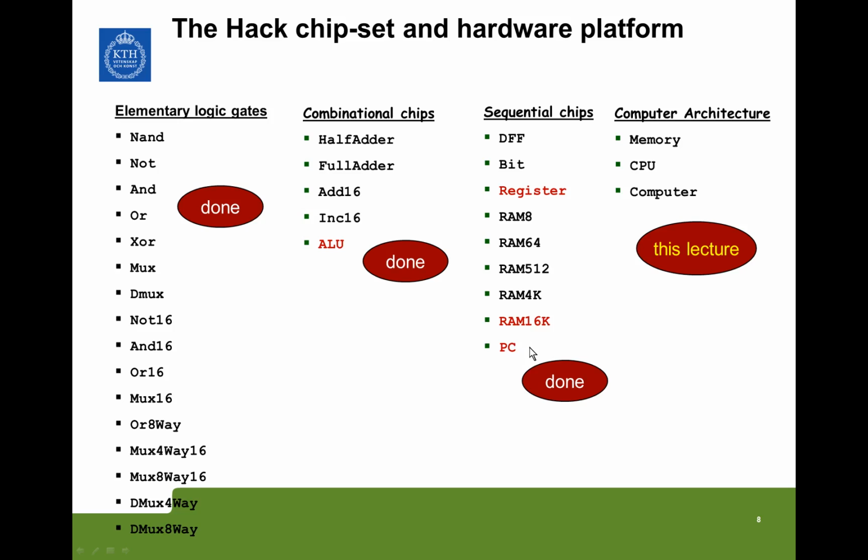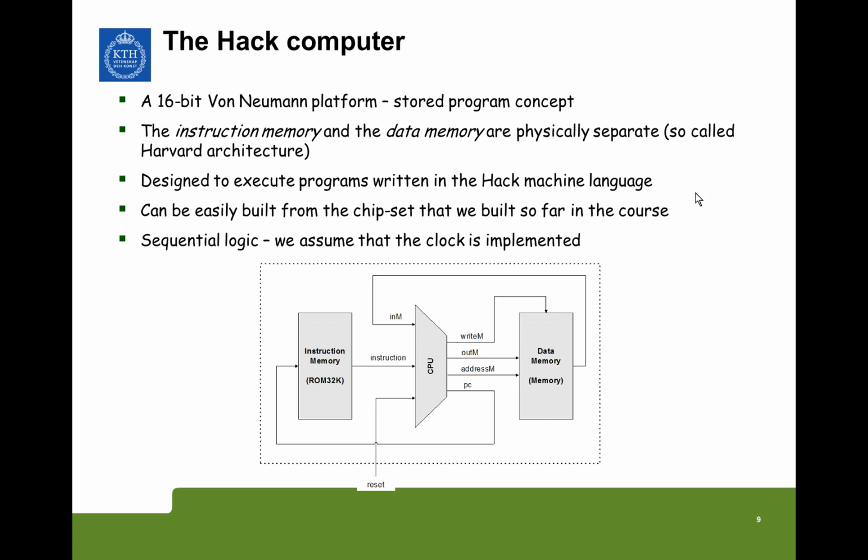Using all this and some simple elementary logic gates, this time we will build the computer architecture. It will need some additional units: the memory, the CPU, and finally all this combined into the computer. So we will call our computer the Hack computer.